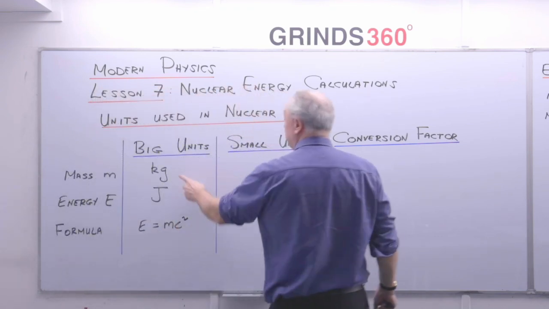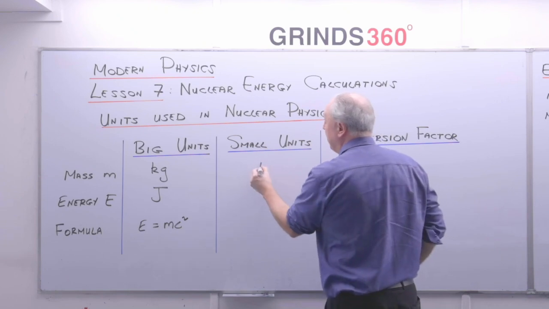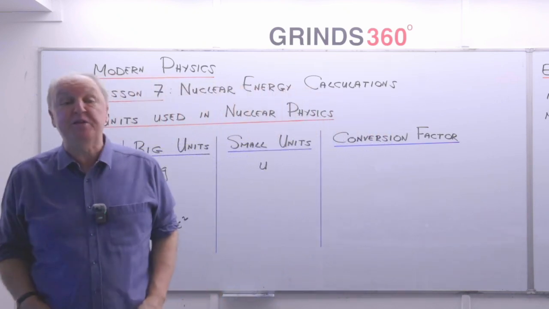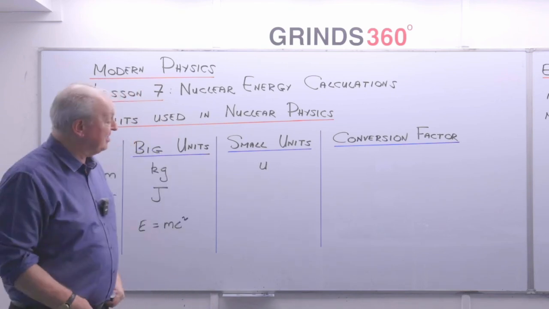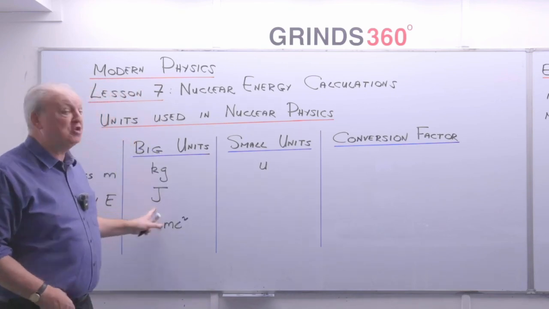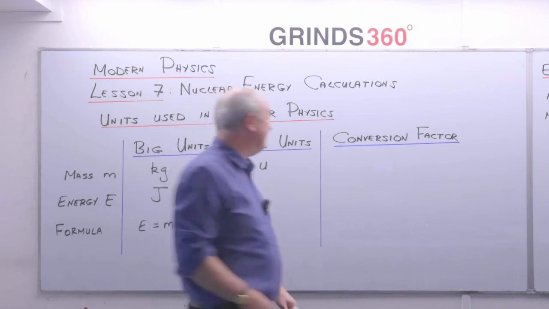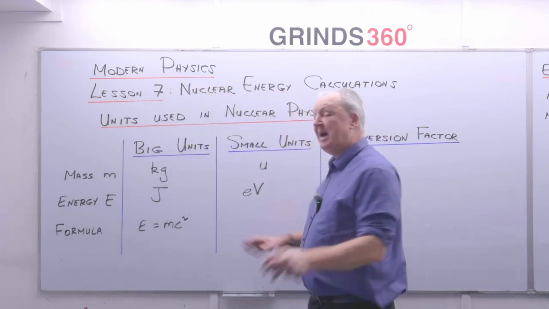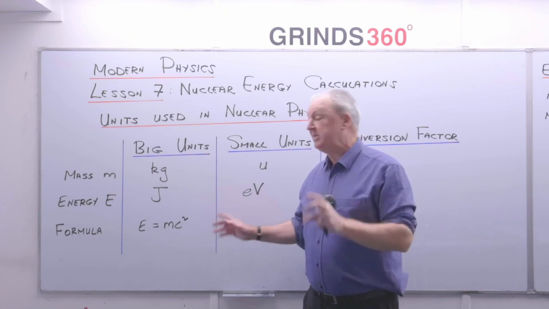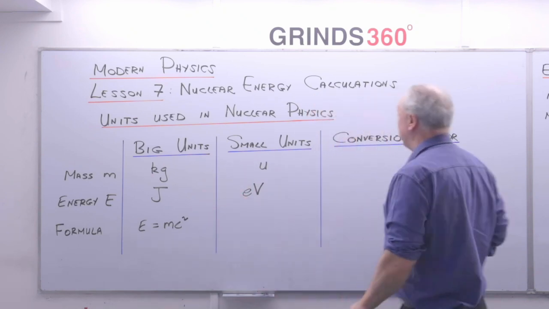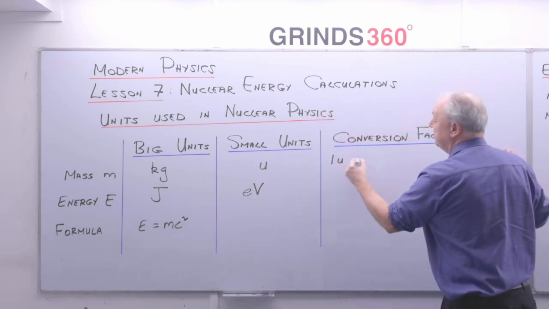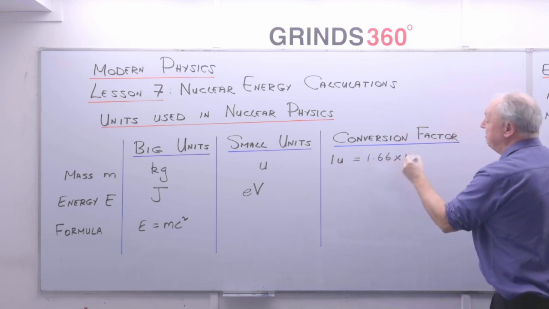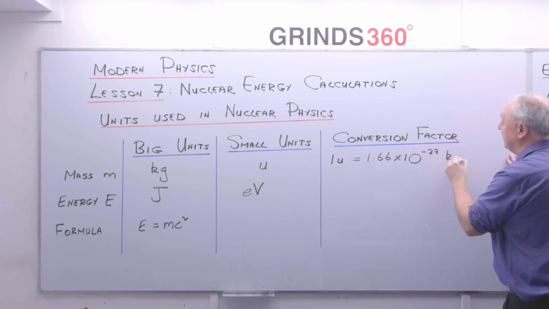The small unit for the kilogram is the atomic mass unit. We've already said to you that the mass of a proton is about 1 atomic mass unit. And the small unit for the joule, we've also seen that as well. That is the electron volt, eV. And we have these conversion factors that can take you from one to the other. For example, 1 atomic mass unit, you'll find this in your table book, is 1.66 by 10 to the power of minus 27 kilograms.